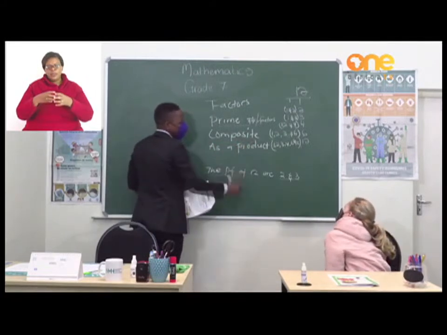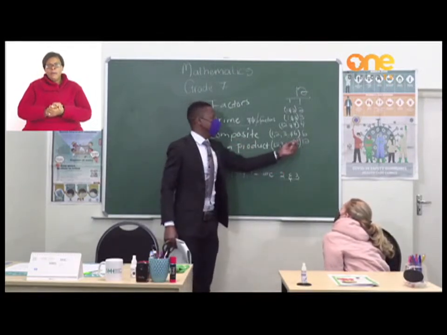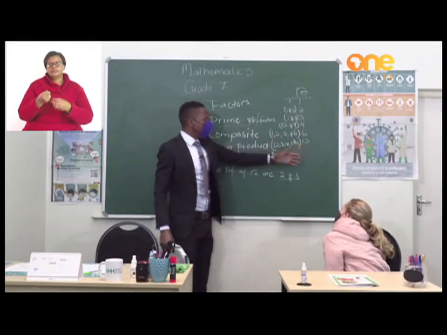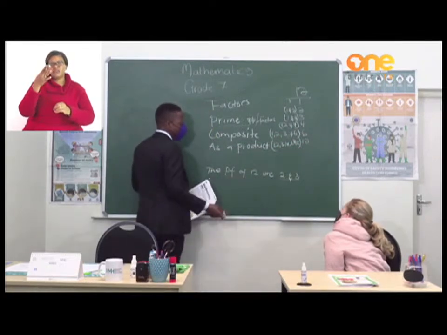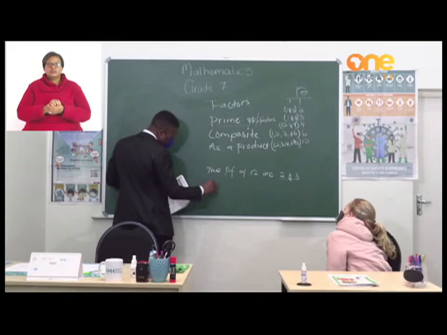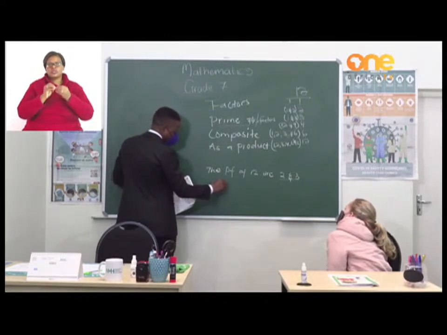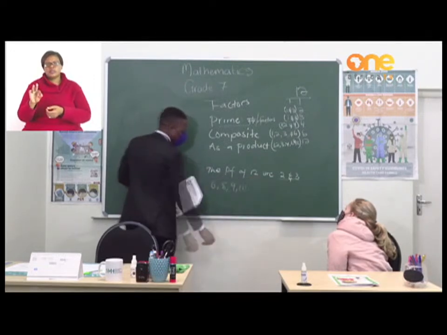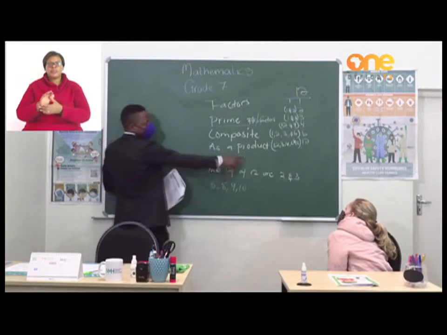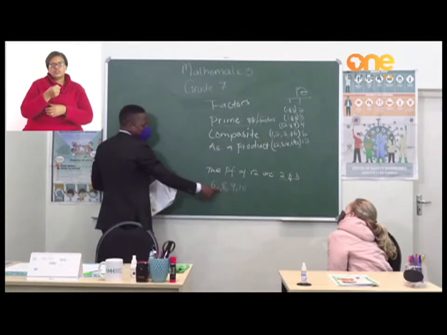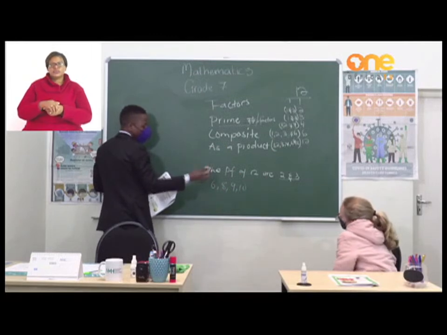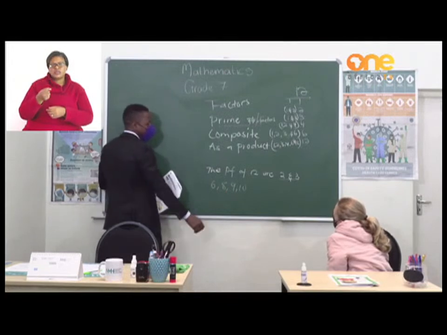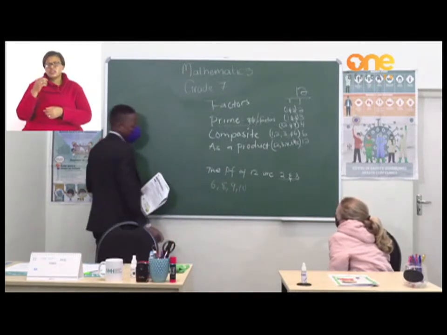Composite numbers are those numbers with more than two factors. 6 is a composite number. 12 is a composite number. Other composite numbers we can talk about are 8, 9, 10 and so on. 8 has factors 1, 2, 4 and 8. 9 has 1, 3 and 9, and 10 has 1, 2, 5 and 10.